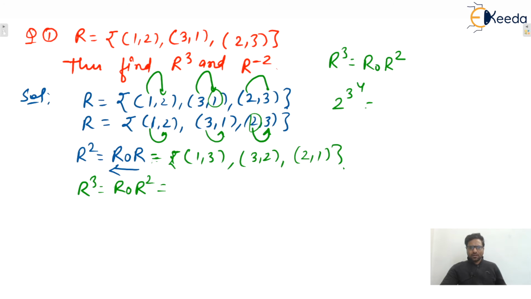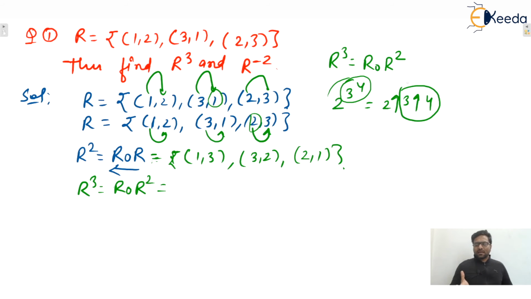First 3 raised to power 4 is calculated, whatever the result, and then that will be the power of 2. So the rightmost power operator is evaluated first, and that means the power function is right associative.